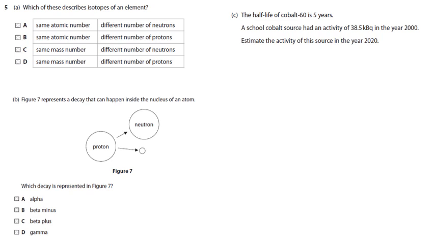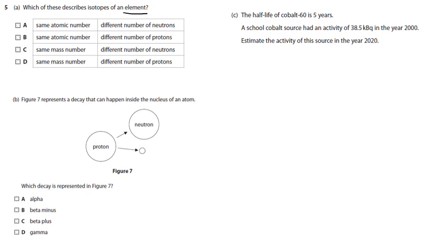Right, question 5 is all about nuclear physics now. So, which of these describes isotopes of an element? Okay, an element has the same atomic number. So carbon 14, carbon 12, carbon 13, they all have carbon with an atomic number of 6.